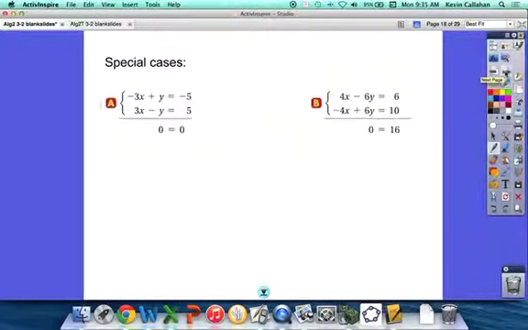Now, a couple of special cases are these here, where you can see in this one that when you add to eliminate a variable, it actually eliminates both variables. Right? If I add those two together, negative 3x plus 3x cancel, y plus negative y cancel, and on the right-hand side, the negative 5 plus 5 is 0. So you end up with an equation which doesn't have a variable in it anymore.